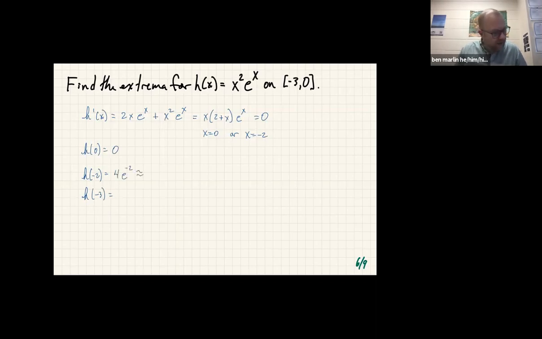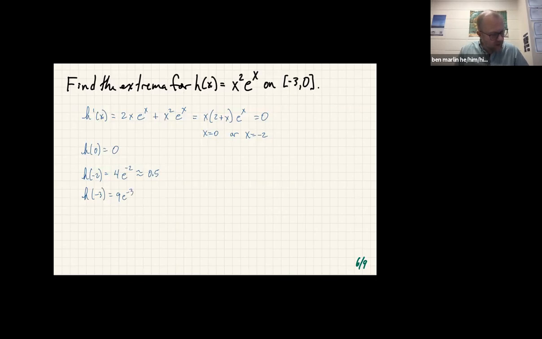And I will have to do that on a calculator. And I'm getting about 0.5 from it. And then we'll have to check the minus 3. So that will end up being a 9e to the minus 3.